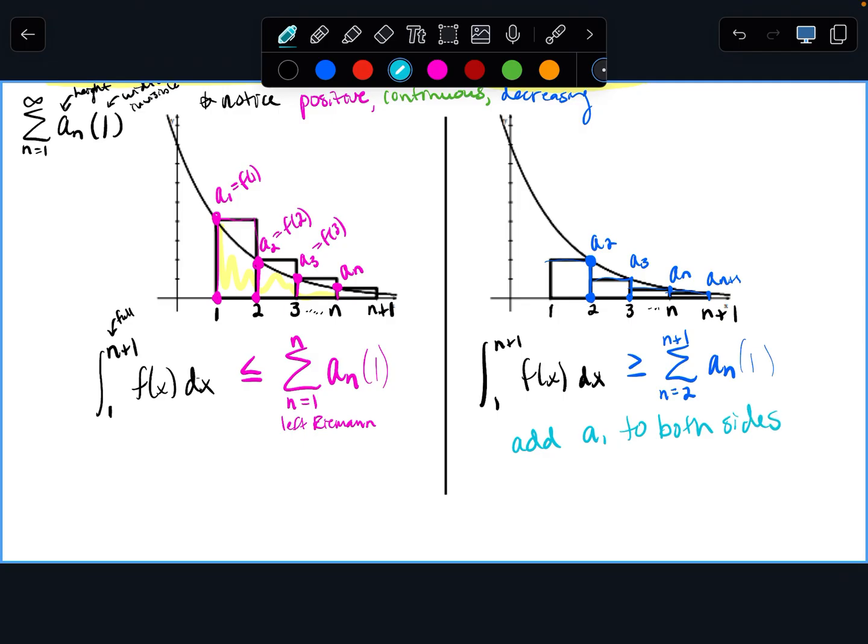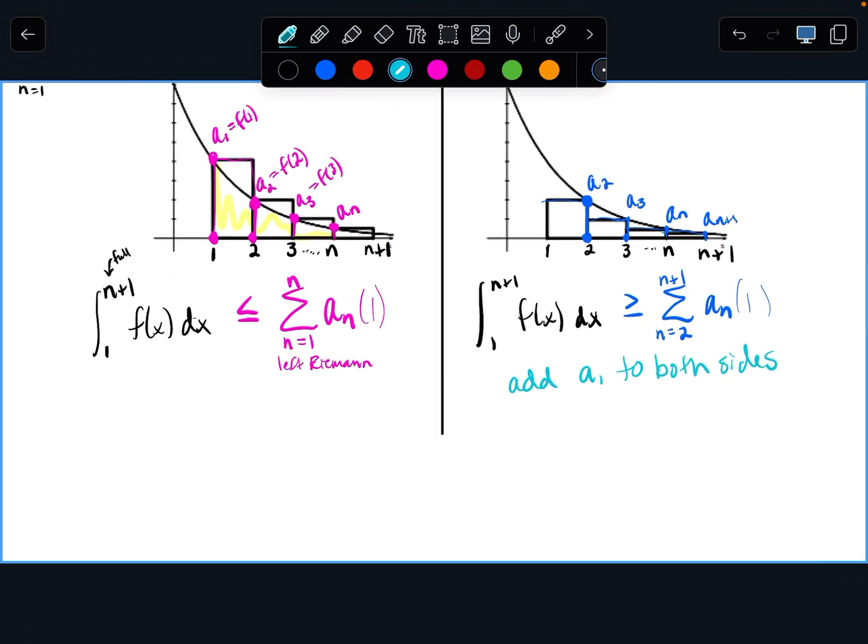Yes, we're trying to get the sigmas to match. That's the goal right now. Okay? So if I add it to both sides, my integral, it's just being added. Like I can't put it in the integral really. So it'd be the integral from 1 to n plus 1 of f of x dx plus a sub 1, right?